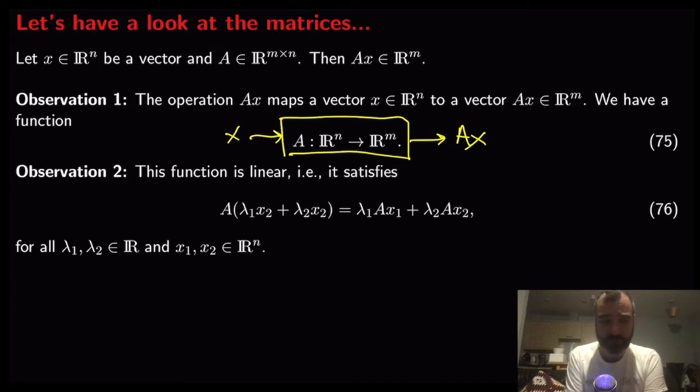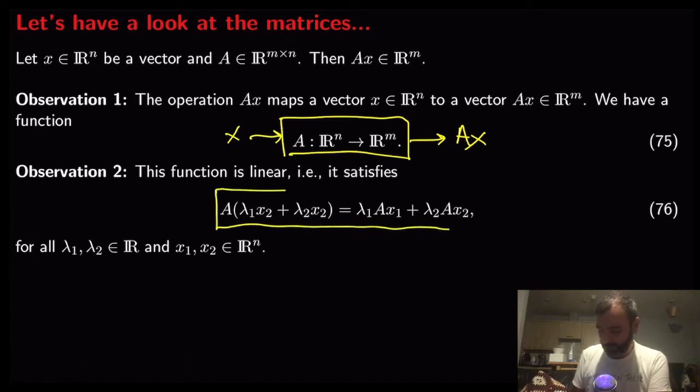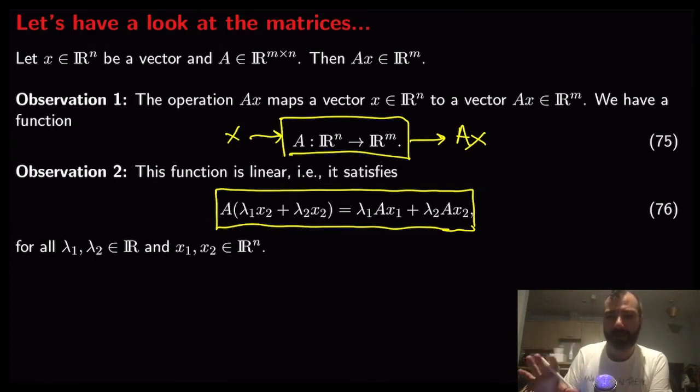A second observation we can make here is that this function, this black box I have there, is linear. In what sense? If I have A times a linear combination, lambda 1 x1 plus lambda 2 x2, then at the output I have a linear combination like lambda 1 Ax1 plus lambda 2 Ax2. So these are key observations. Once again, A can be seen and treated as a function.